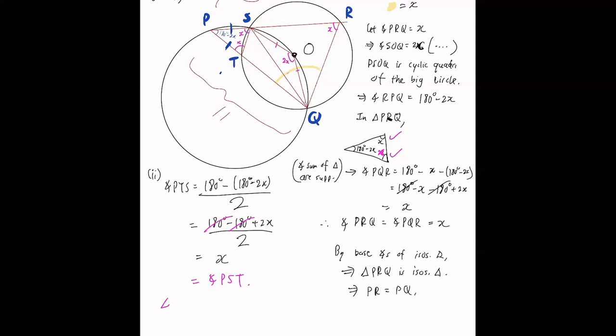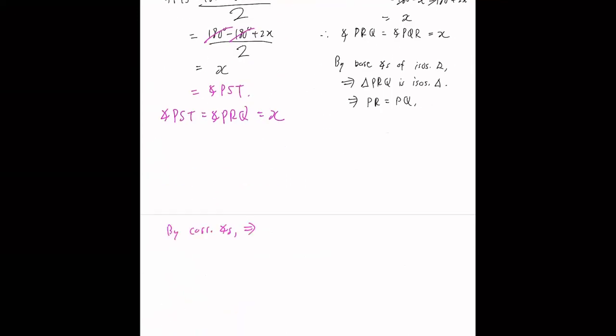So we say that angle PST equals angle PRQ equals x. By corresponding angles, this implies we have our conclusion: TS is parallel to QR.